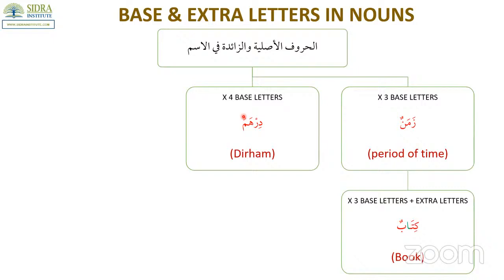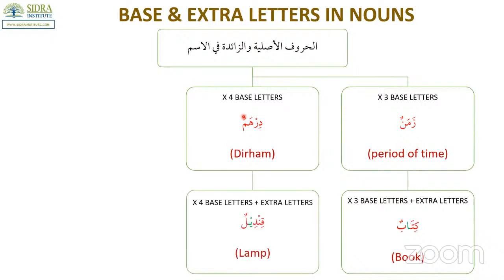We're not going to skip any order because all of them are base letters. Then we can have four base letters with an extra letter. Qindilun means lamp. Okay? Now in this word, the qaf, noon, dal, and lam are the base letters, and the ya is the extra letter.